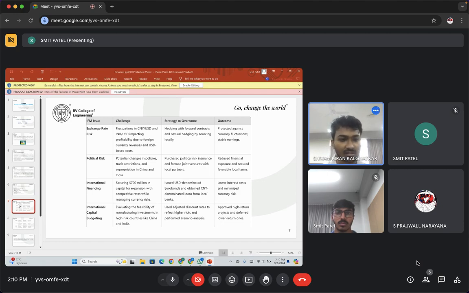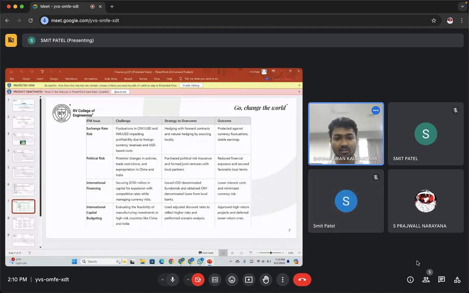The exchange rate risk and challenge faced by the company is due to fluctuations in CNY and USD, impacting profitability due to foreign currency revenues and USD-based costs. The main strategy used by this company to overcome such exchange rate risk is hedging with forward contracts and natural hedging by sourcing locally. The outcome was that the company was able to protect against currency fluctuations and achieve stable earnings.